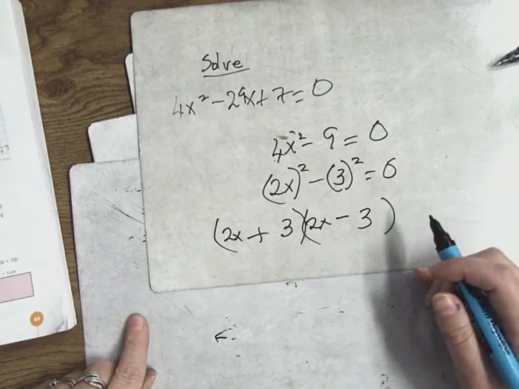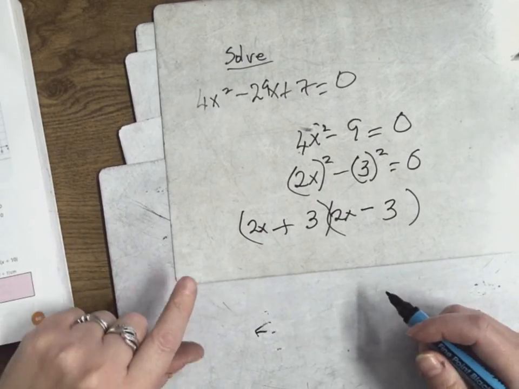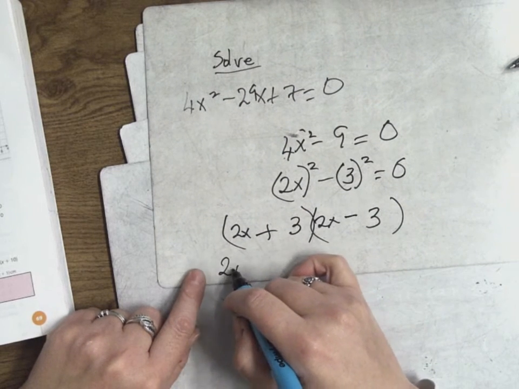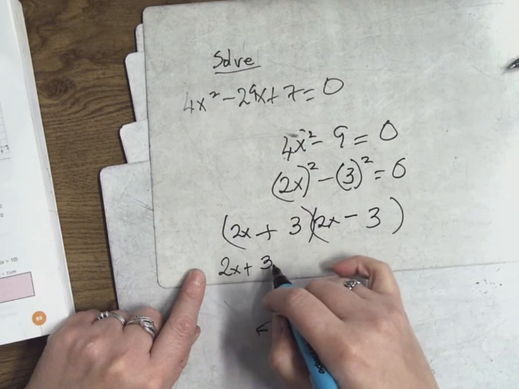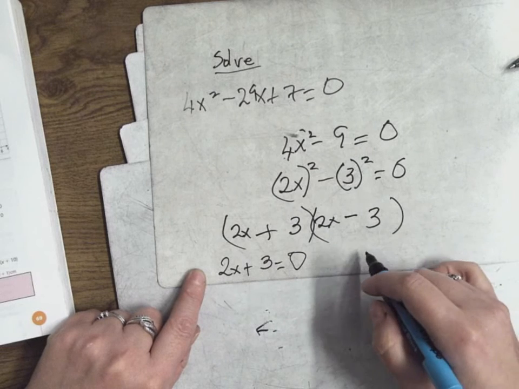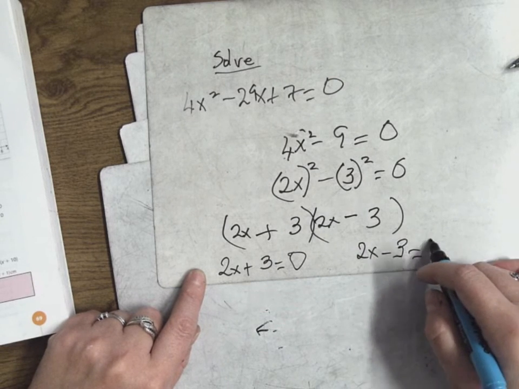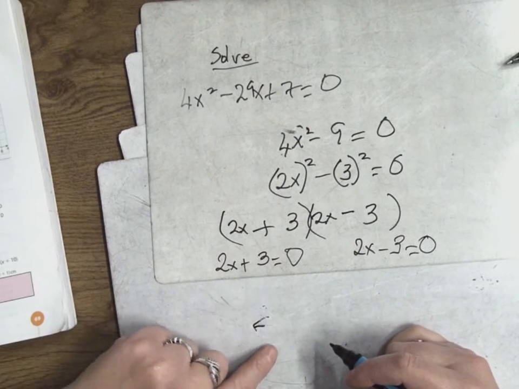So if it says solve, you let each bracket equal 0. You let the first bracket, which is 2x plus 3, equal to 0. And you let the second bracket, which is 2x minus 3, equal to 0. Then you have x on one side, numbers on the other.